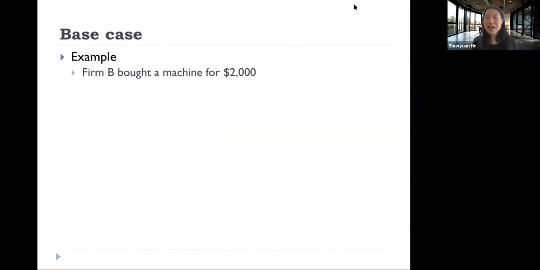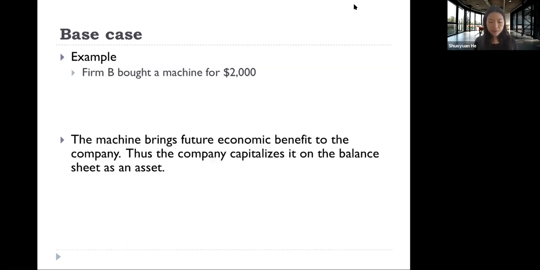First of all, let's look at this example. If firm B bought a machine for $2,000, what is your journal entry? Please spend 1 minute, write down your journal entry, and you can pause your video for now.